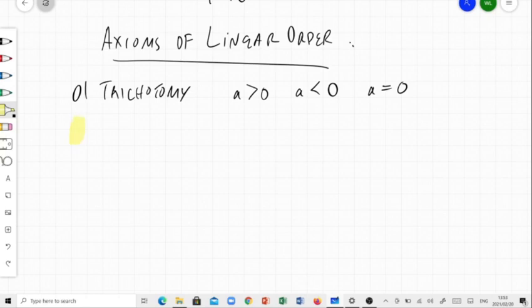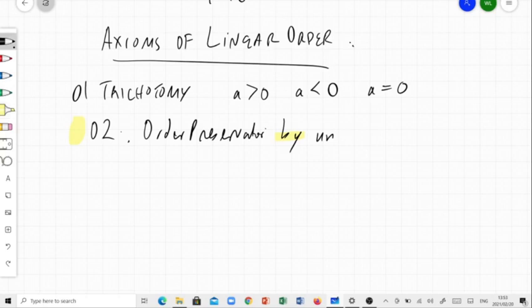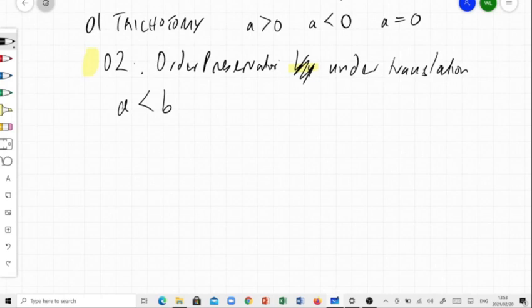Now the second axiom of linear order is what is called order preservation under translation. So let's say that I've got two numbers where there's order between the two.